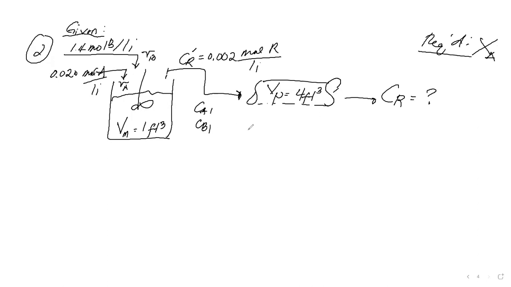Another thing that we can write here: it was stated in the problem that the flow rates of the two streams processed by the CSTR, the first reactor, are equal. If they are equal, we can write VA plus VB being equal to V for our first reactor.